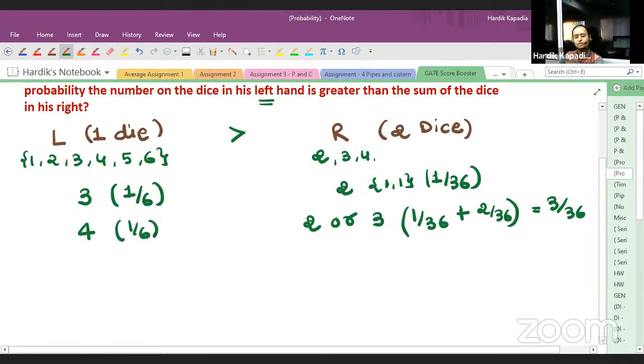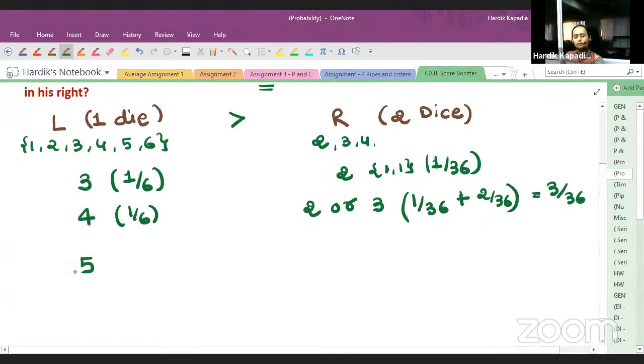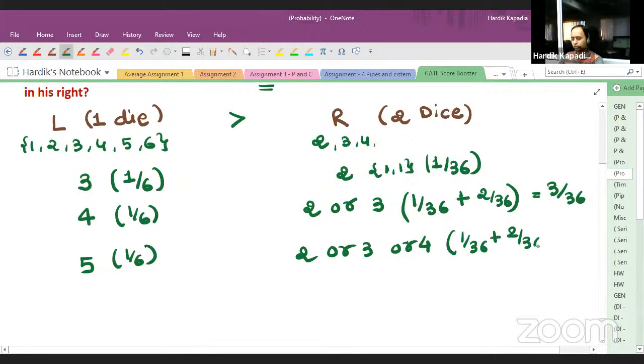Here it is 1 by 6 only. Again 4. If we'll get 5, then here it is 1 by 6, but here 2 or 3 or 4. So 1 by 36 plus 2 by 36 plus 3 by 36. So it is 6 by 36.